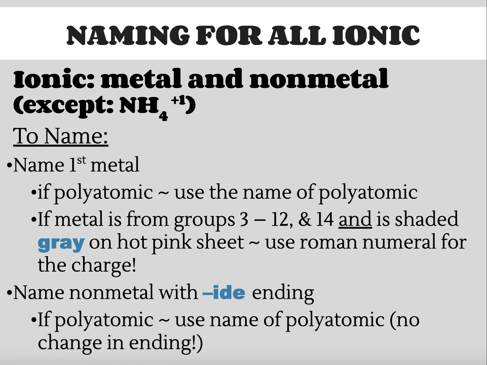If it's a polyatomic, we don't change the ending. Okay? And then the other caveat is if that first metal, like iron or copper, are one of those gray highlighted ones, you have to use a Roman numeral. We have to designate which one is which.